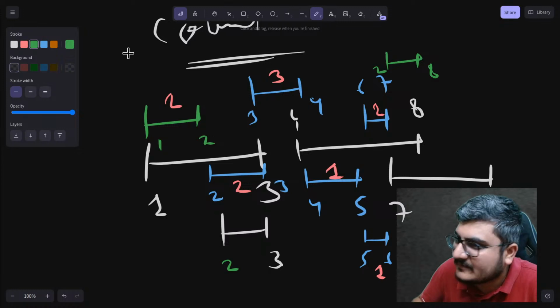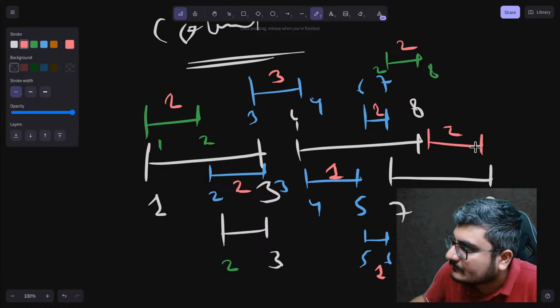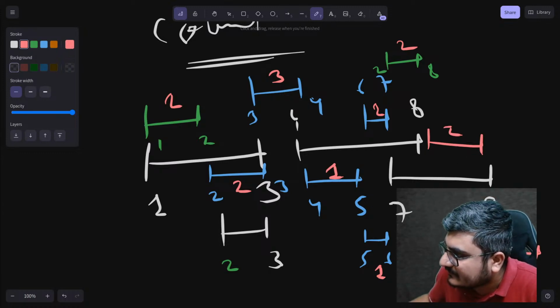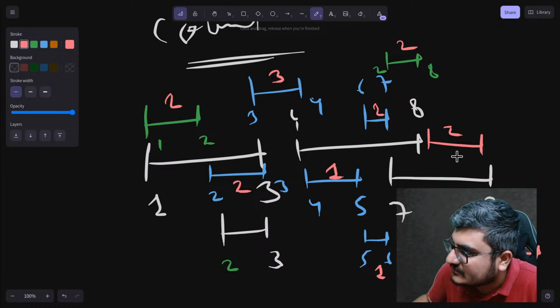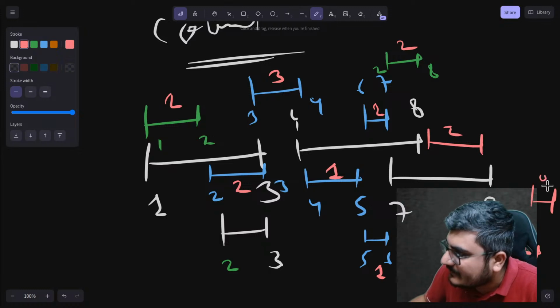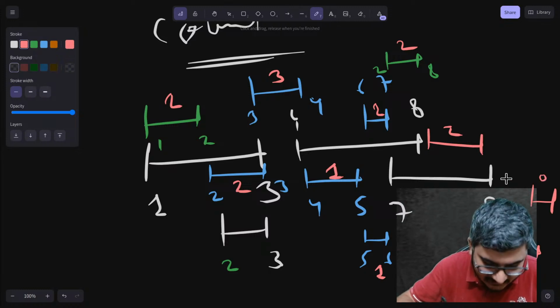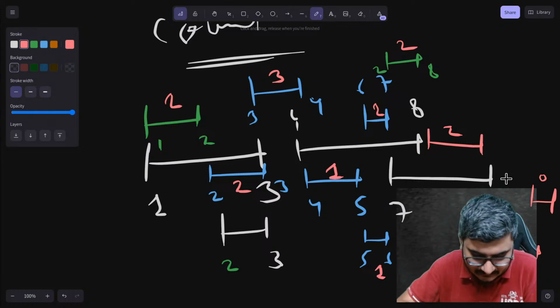Our counter will again remain 2. Then 8 and 9. Counter is again 2. Then we move to 9 and 10. The counter will become 1 because this job is no longer overlapping. Then we move to 10 and 11. Our counter will become 0 and no more jobs will be found. And this would be the main solution idea for this problem.